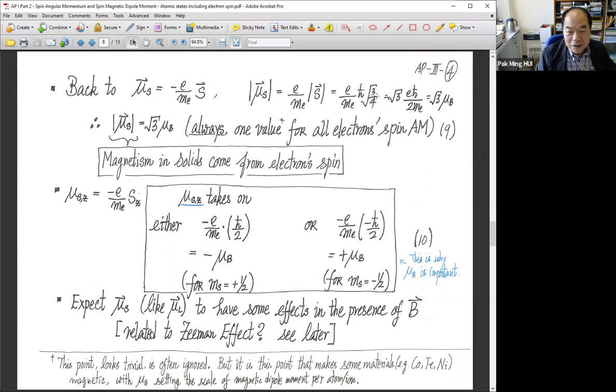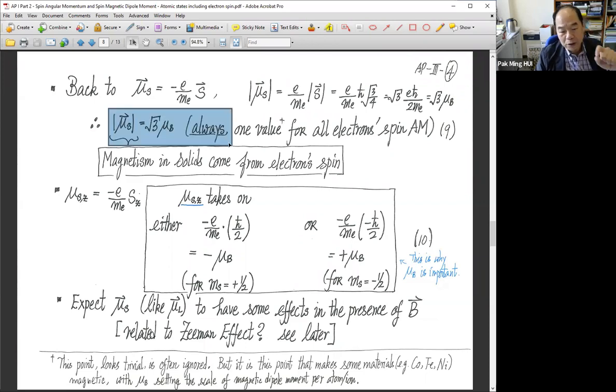Therefore, every electron also has a constant length for the magnetic dipole moment from spin. It is square root 3 Bohr magneton, about 1.7, okay? So it's a constant. It's always an intrinsic property of an electron.